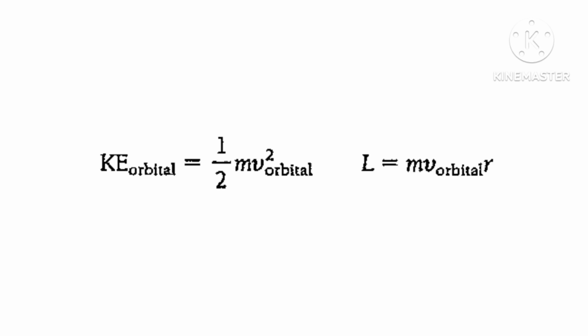We all know that kinetic energy is given by half mv² and angular momentum as L equals mvr. Here we are only considering the orbital part of kinetic energy, that is, KE orbital equals half m v orbital squared, and angular momentum L equals m v orbital r.